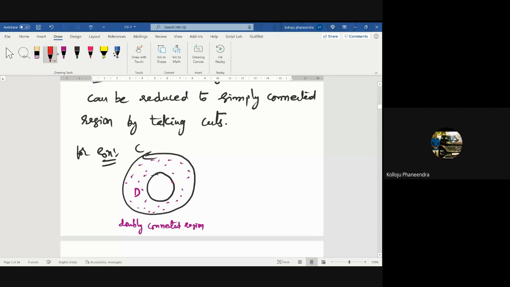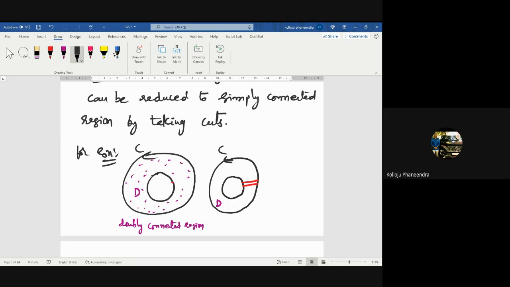If this is a doubly connected region, I will draw one more figure to understand this concept. This is domain D. Now I am taking a cut. This is a cut here. What is the meaning of this cut? If I cut by the scissor, somewhere, take one cut.